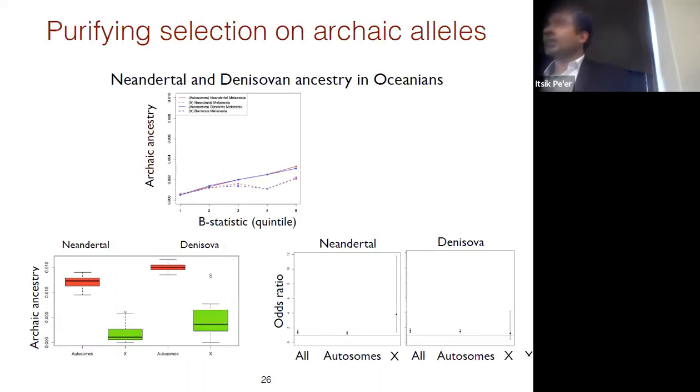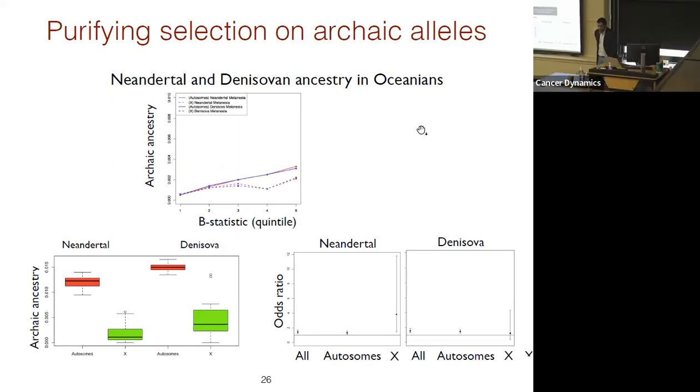Okay. So a couple of questions here. One is I think the evidence of FOXP2 has actually been debunked, but I'm not an expert on it. I think Molly would know about that. But the other thing is, you represented this contrast between X and autosomes as kind of a differentiating prediction between the incompatibilities versus purifying selection.